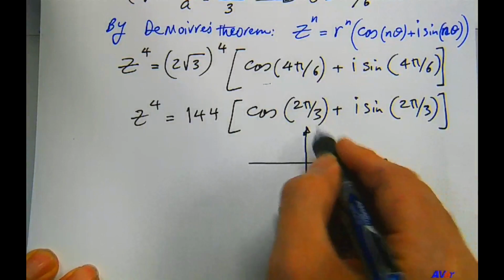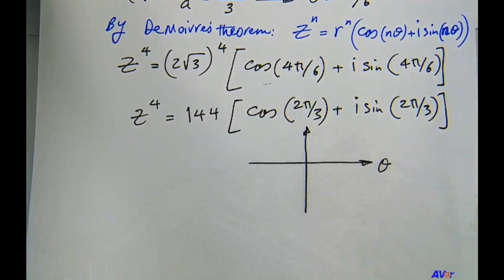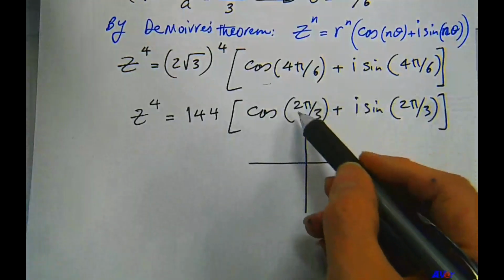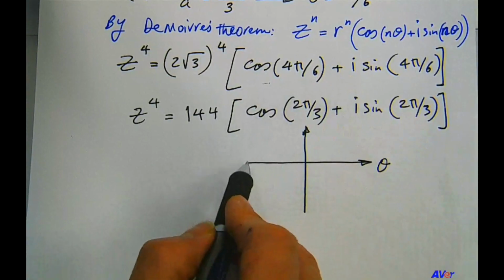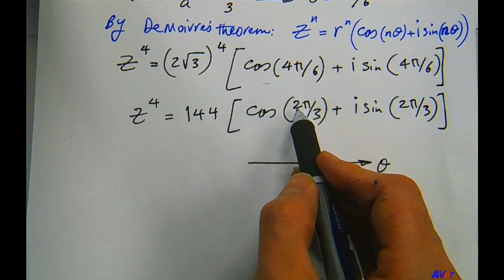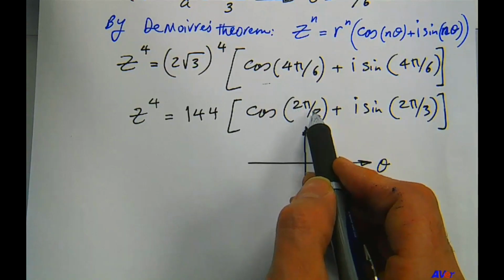So here we have theta, and that will be sine or cosine theta. So 2 pi over 3, if you had 3 pi over 3, you'd be at pi, which would be here. But this is a little bit less than pi, right? Because instead of 3 pi over 3, it is 2 pi over 3.